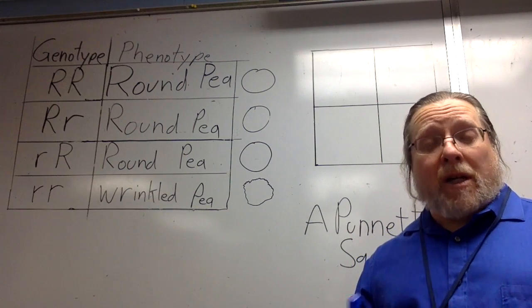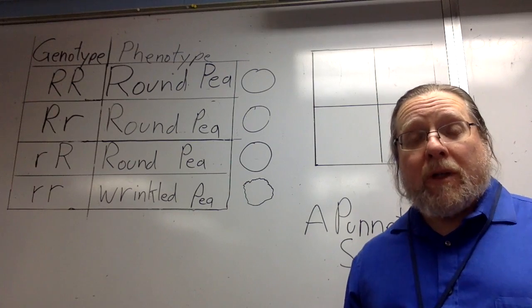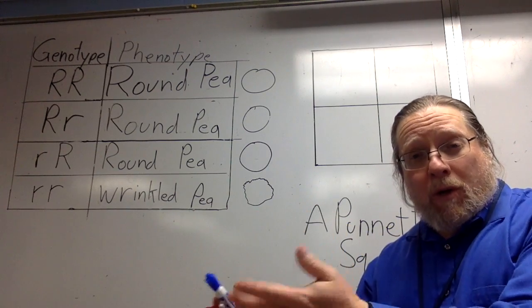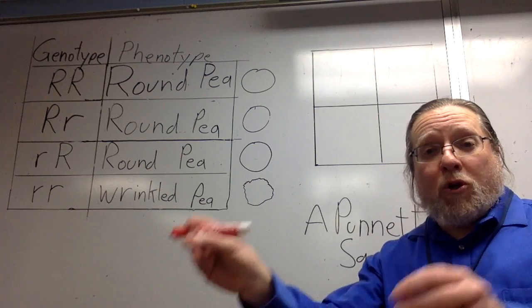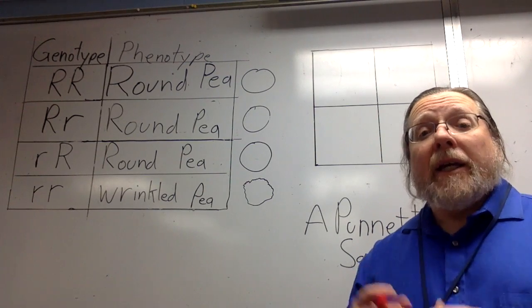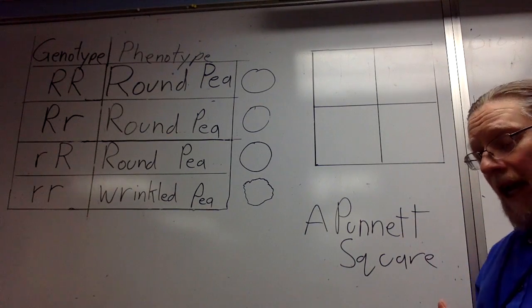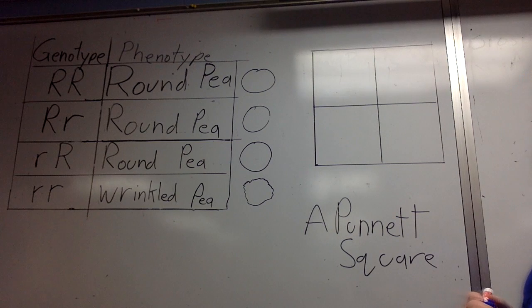So, as we discussed in class, row 1, removing the anthers, going to row 2, taking the pollen from row 2 and fertilizing plants in row 1. His first cross, we, in hindsight, know he bred two homozygous pea plants.